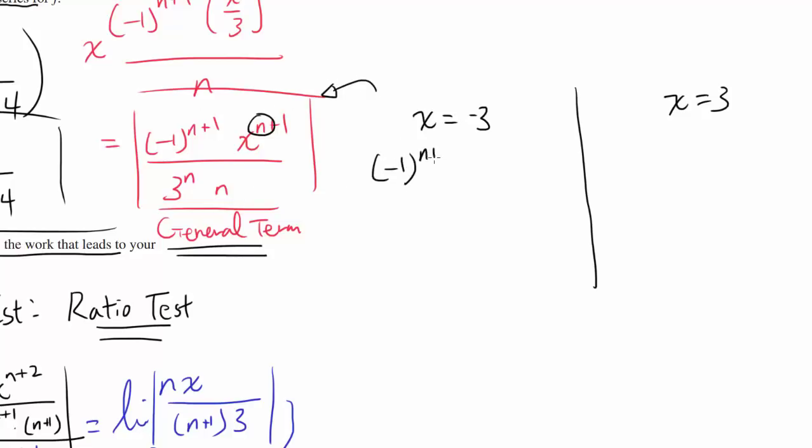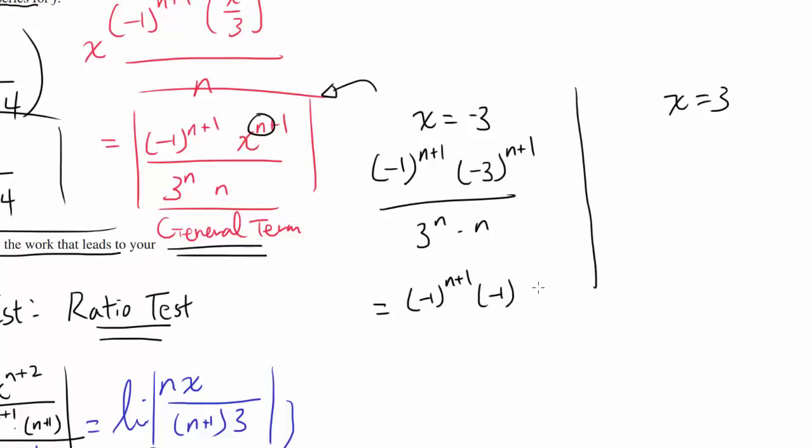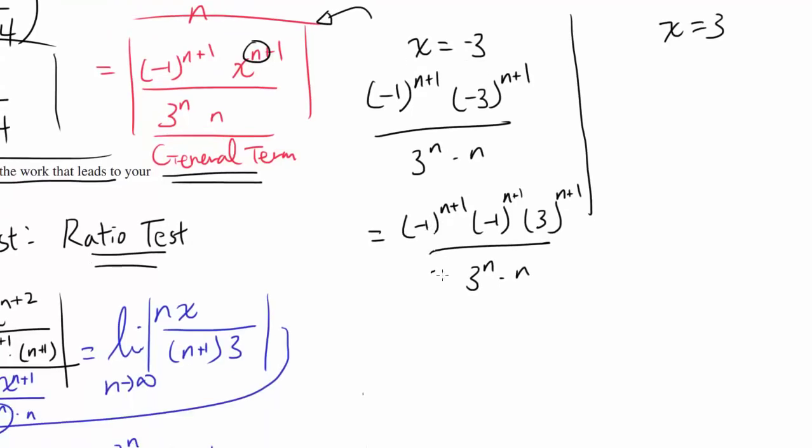We have -1 to the n plus 1 times -3 to the n plus 1 over 3 to the n times n, which is -1 to the n plus 1, and -3 you can treat as -1 times 3, each raised to the n plus 1 power, over 3 to the n times n. We can make some simplifications. -1 to the n plus 1 times -1 to the n plus 1 is -1 to the 2n plus 2.